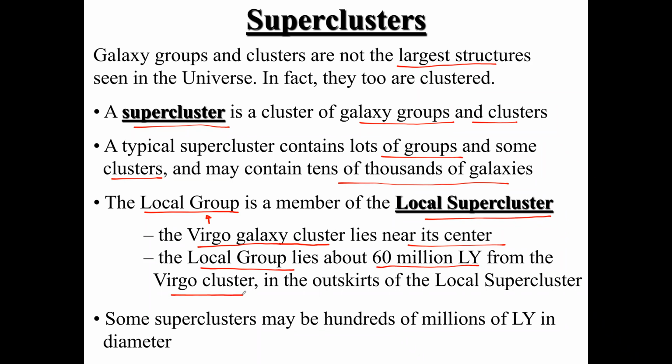So the Virgo cluster is at the center of this local supercluster, and our local group is around 60 million light years away from the center. So basically, we are right in the outskirts, which means the outer region, of the local supercluster.